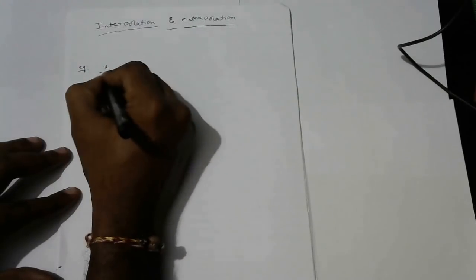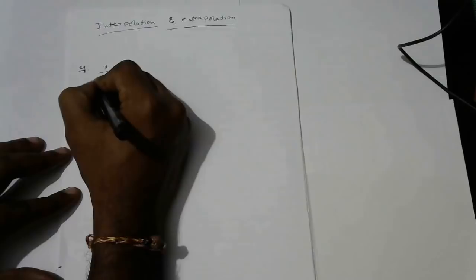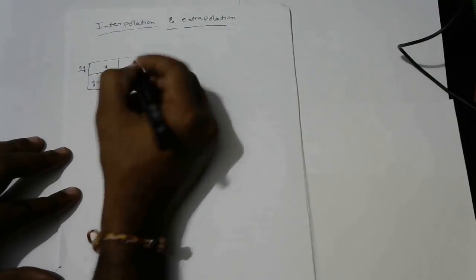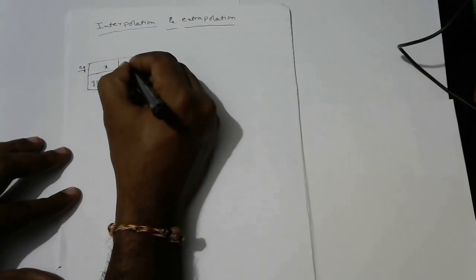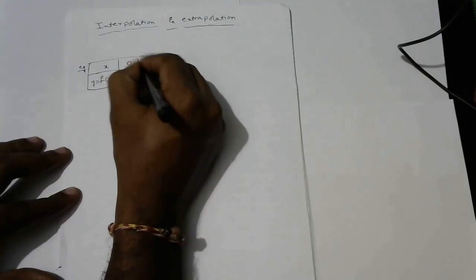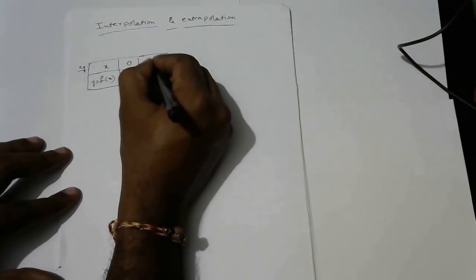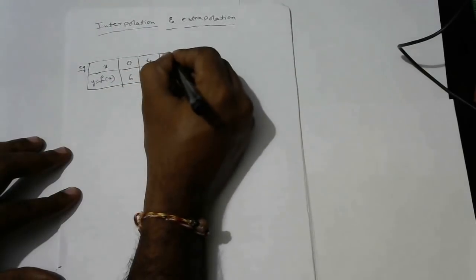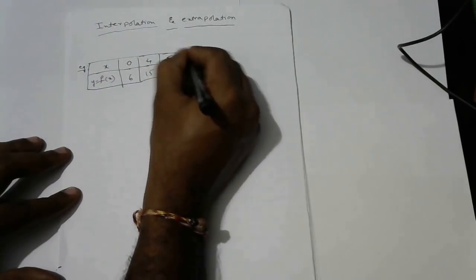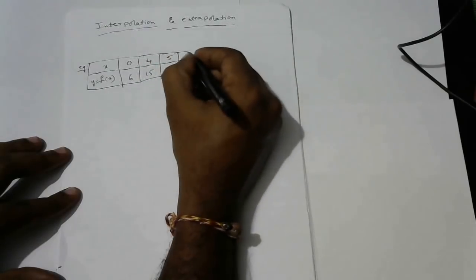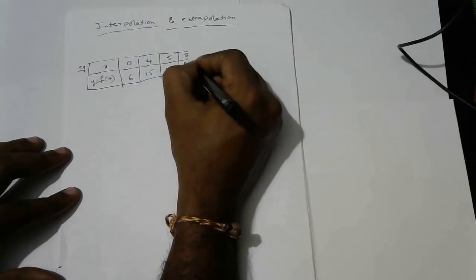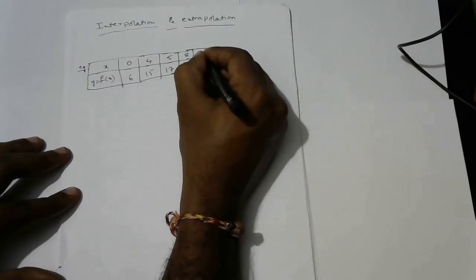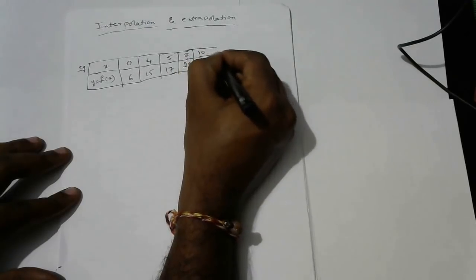Here x and here f of x, that means y is equal to f of x. So some x values they have given. For 0 it is 6, for 4 it is 15, for 5 it is 17, for 8 here it is 29, and for 10 it is 40.